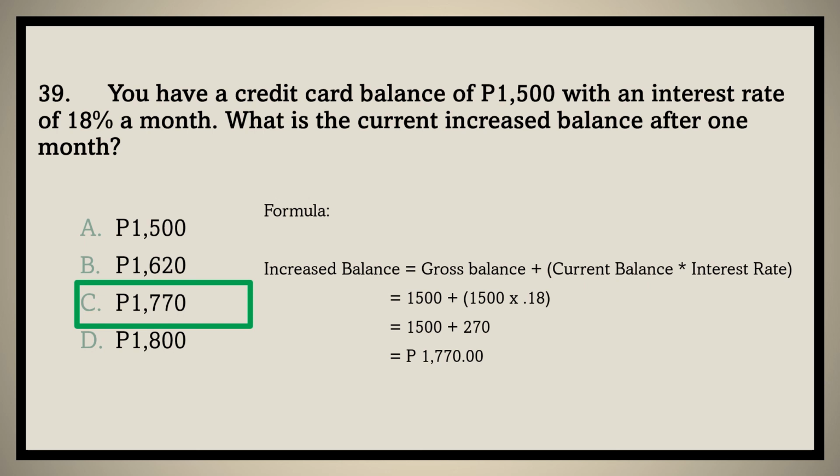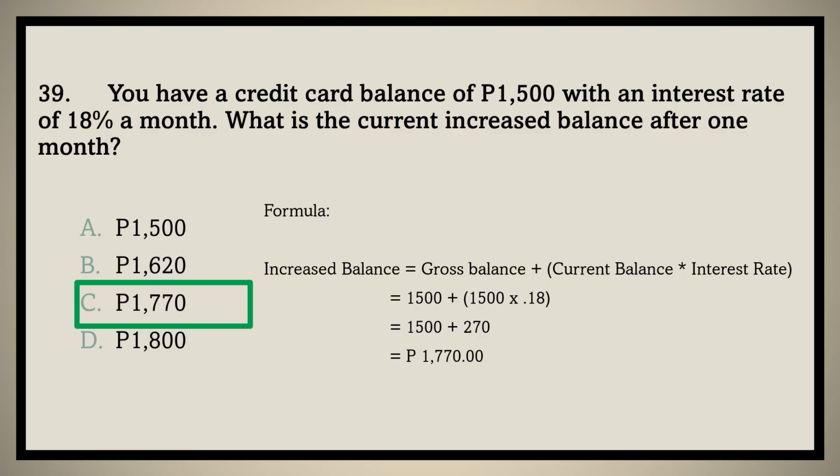Increased balance equals gross balance plus current balance times interest rate. Using this formula, the increased balance after 1 month would be increased balance equals 1,500 plus 1,500 times 0.18 equals 1,770. So, the correct answer is C.